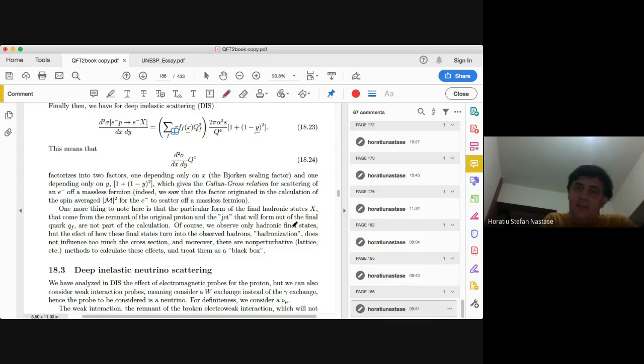Now, this process of hadronization is non-perturbative. It's not something we can calculate through Feynman diagrams. You could perhaps calculate it on the lattice, I suppose, but we're not there yet.